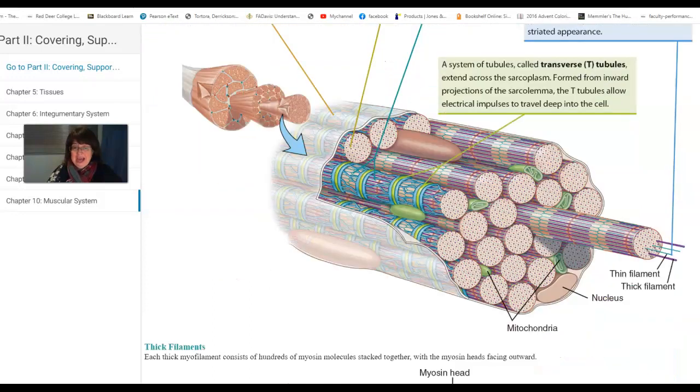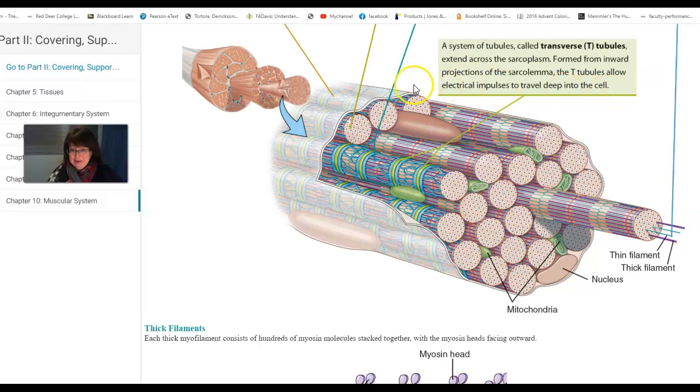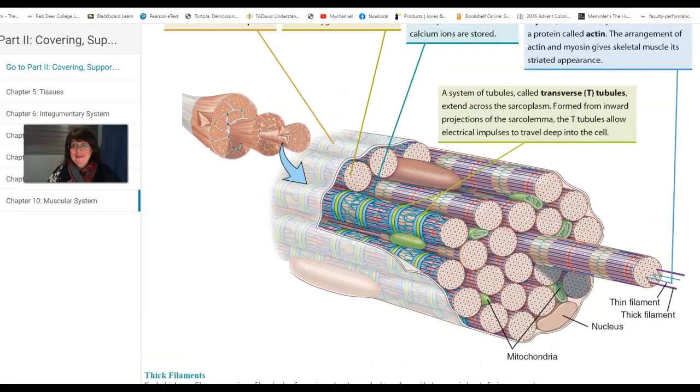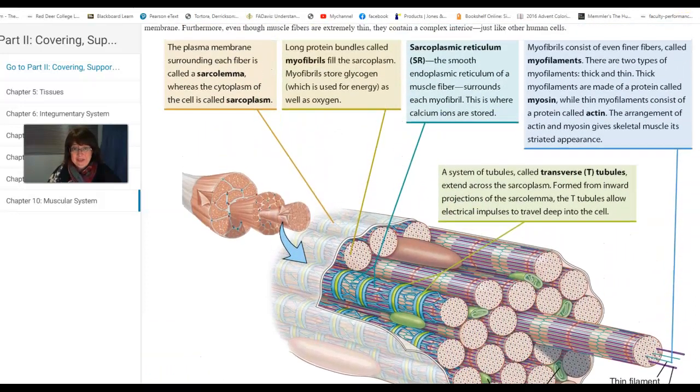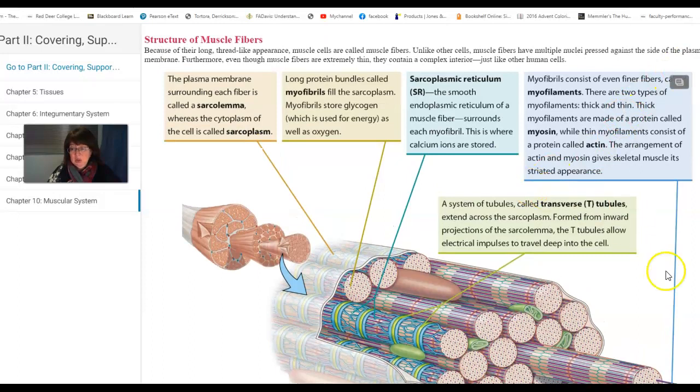Now, if we look at each one of the muscle fibers themselves, so this is a muscle fiber, and the muscle fiber breaks down to filaments. Let's get the terms here. So there are the muscle fibers. The muscle fibers are long and thin, and they have many parts to them.